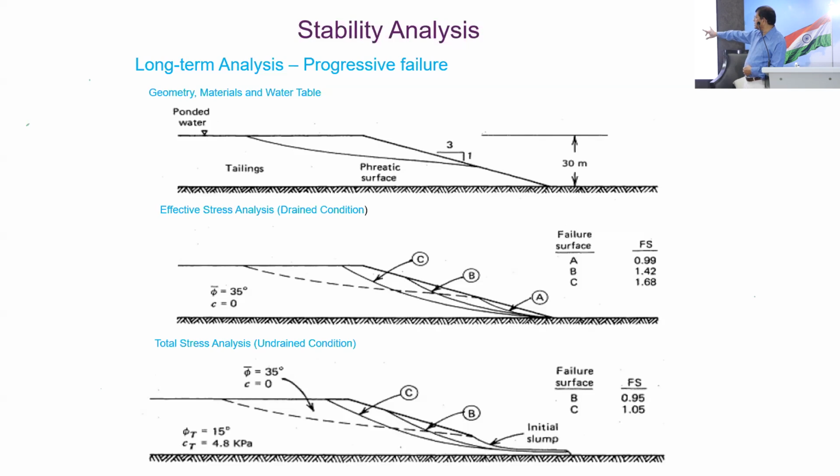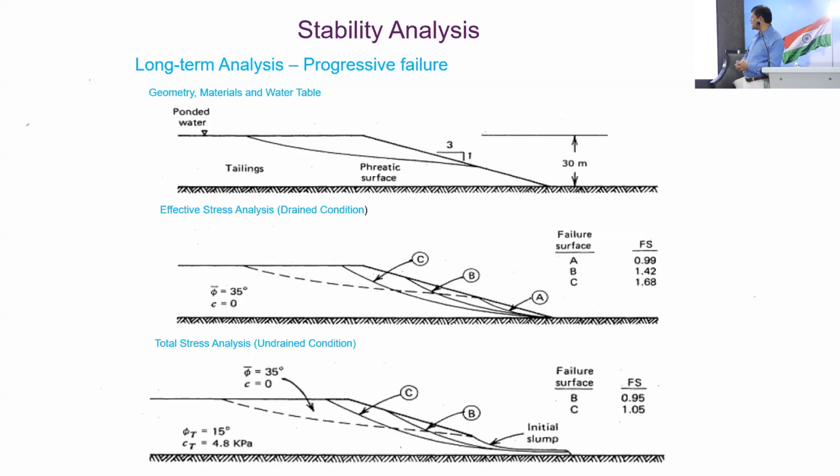So this is if it is a completely drained condition, which we think in the long term it will be, like if there is a clear-cut developed phreatic surface, then it can be a drained condition. In case of drained condition, you don't need your C0 and you have your phi depending on what kind of material.